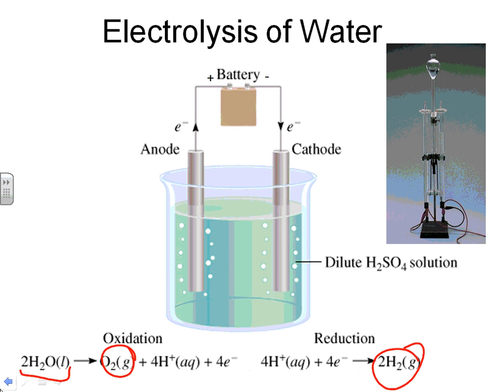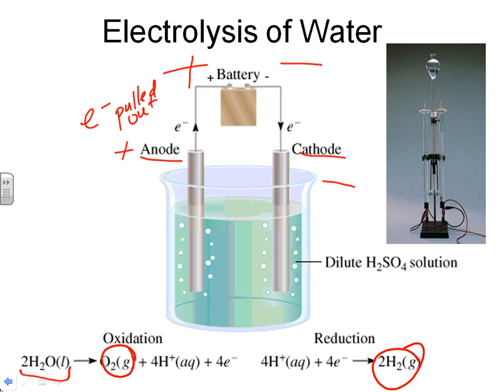Sorry, just go back. The positive end of the battery, I'm going to draw it nice and big. We hook it up to the anode so that the anode becomes positive. The negative end of the battery, we hook it up to the cathode, and the cathode becomes negative. This is what forces this non-spontaneous reaction to occur. The electrons are pulled out of the anode because of this charge.